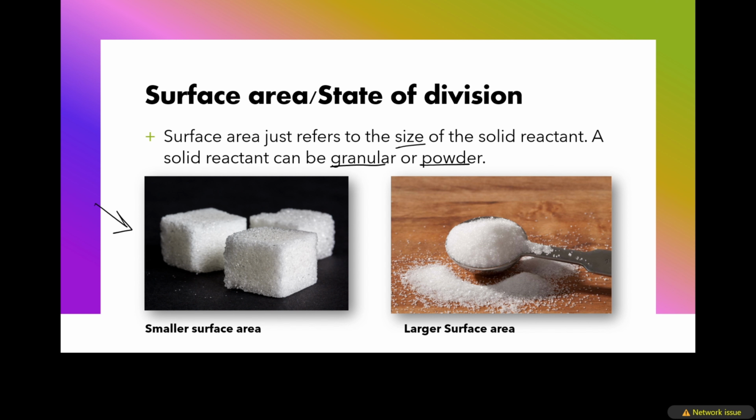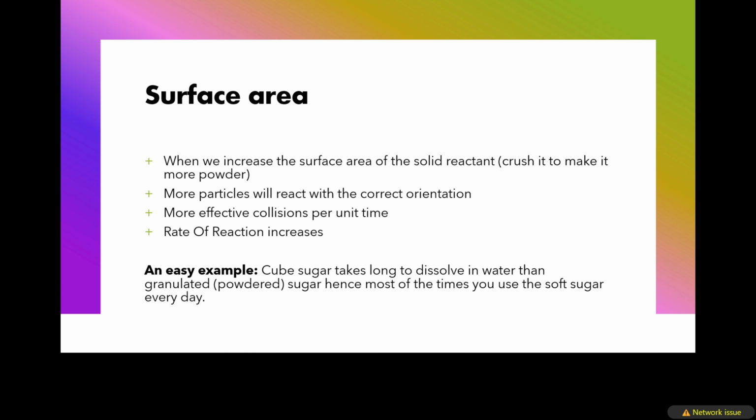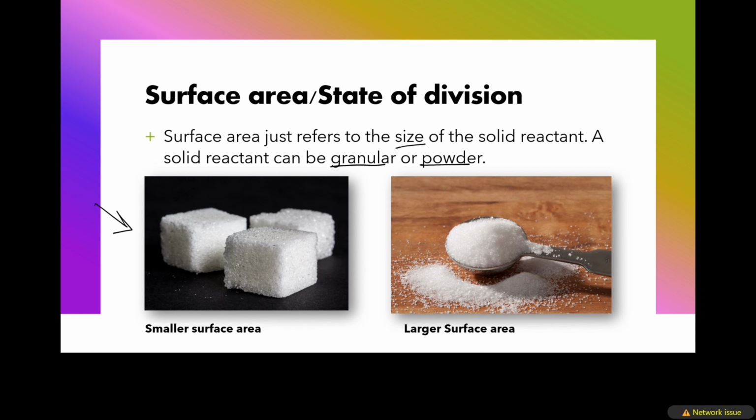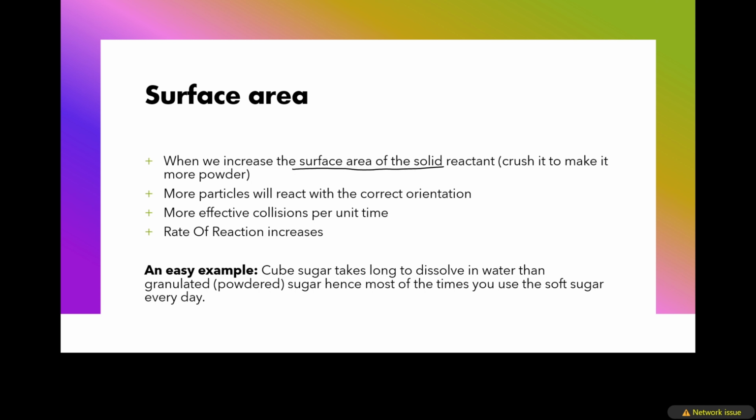So how does the surface area of the solid reactant affect the reaction rate? Let us look at it. When we increase the surface area of the solid reactant, how do we increase it? Remember, it is just the idea that we crush this sugar and make it more of a powdered sugar. When we make it more of a powdered sugar, it will have a larger surface area.